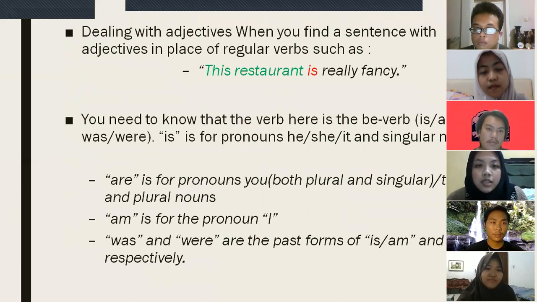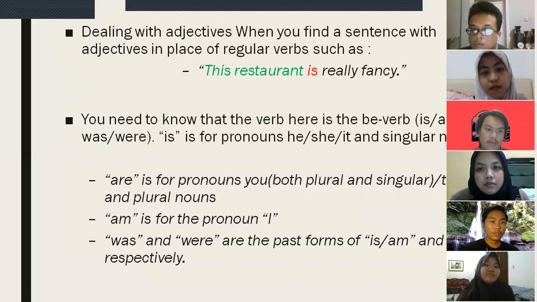Dealing with adjectives: when you find a sentence with adjectives in place of regular verbs, such as this restaurant is really fancy, you need to know that the verb here is the be verb. Is, am, are, was, were.